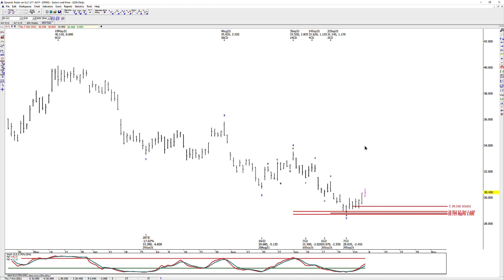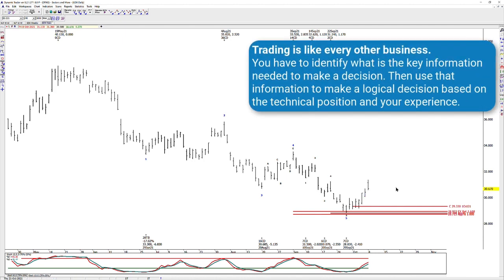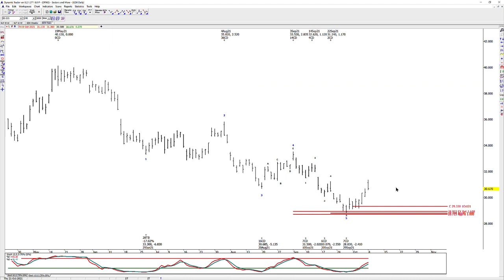Once again, you have to be able to think. Trading is just like any other business. You have to learn to make decisions based on the information that you have. And the better you understand the technical position, in this case based on the pattern, the price, and the dual time frame momentum, the more experience you have, and the more you think of it logically within the parameters of what the technical position is, then you can make high probability decisions.